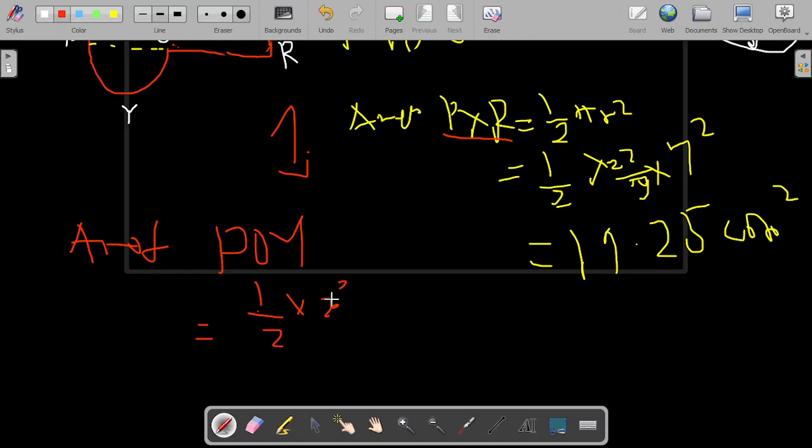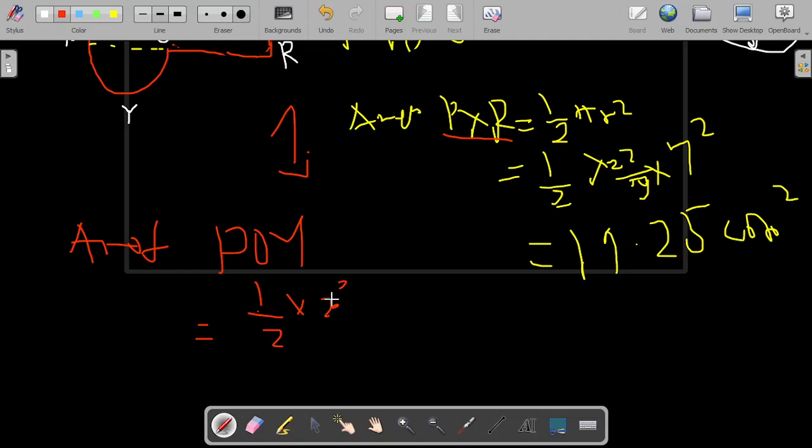The diameter is 7 here, so to get the radius, we say 7 over 2.